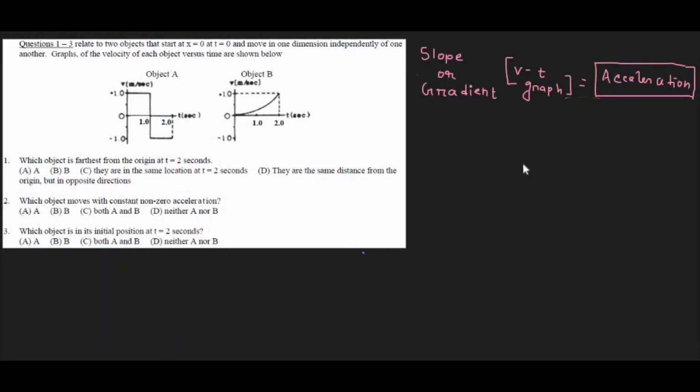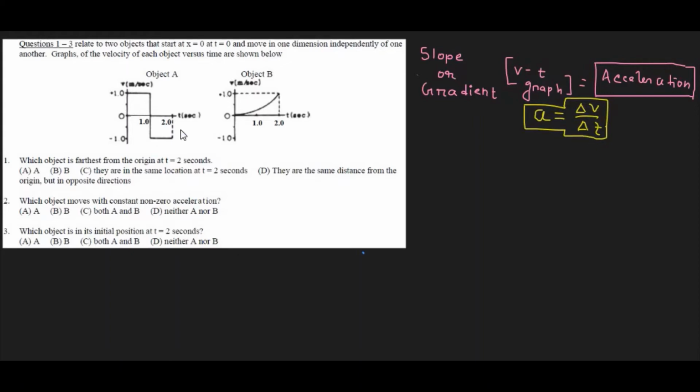Before starting, let's note that in a velocity time graph, if we find the slope or gradient, it represents the acceleration, because we know that acceleration equals delta v upon delta t, which represents the change in velocity per unit of time.